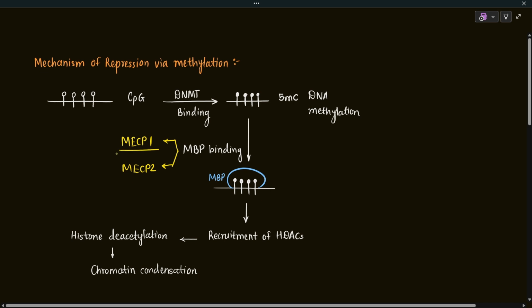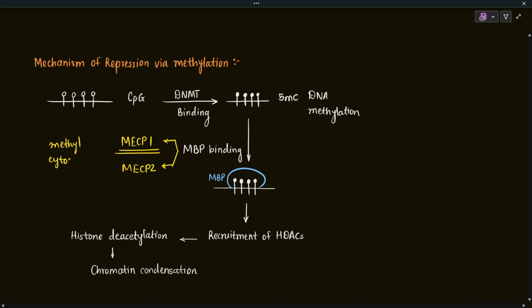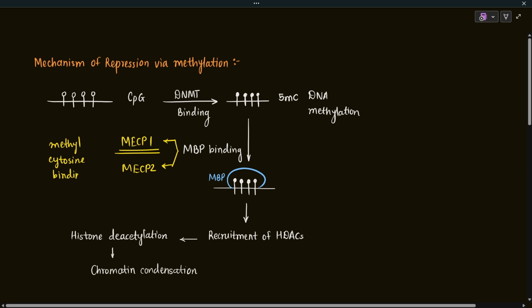MECP1 means methyl cytosine binding protein 1, while MECP2 means methyl cytosine binding protein 2.